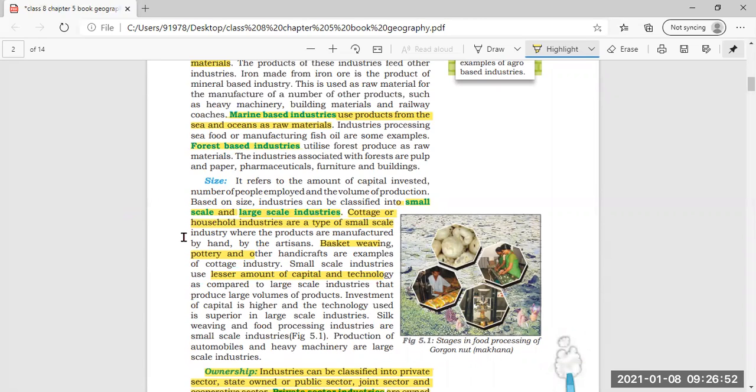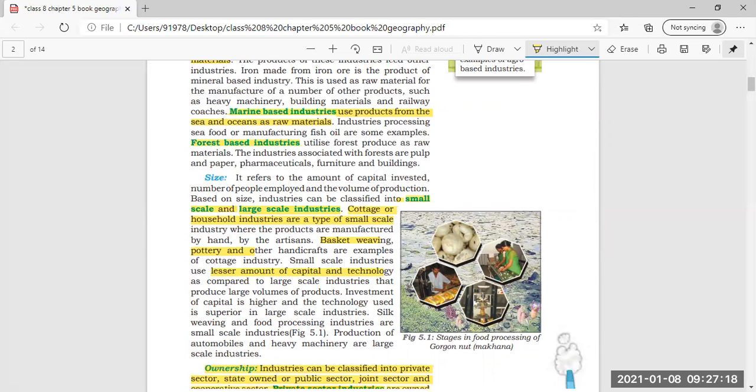Small scale industries use less capital, less technology, and their production is also very less. Whereas large scale industries need large technologies and a huge amount of capital to set up that industry, and more production is made for profit earning.